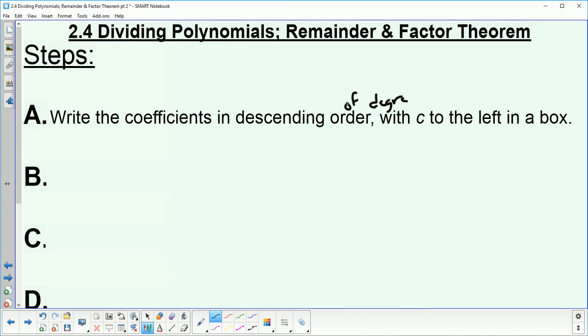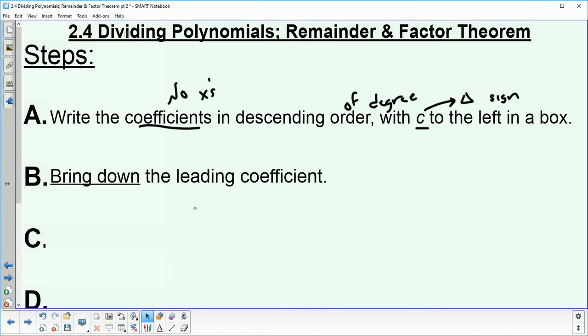Only the coefficients, not the variables. We should have no x's this time. And c goes to the left of the box. Make sure you're paying attention that we change the sign.